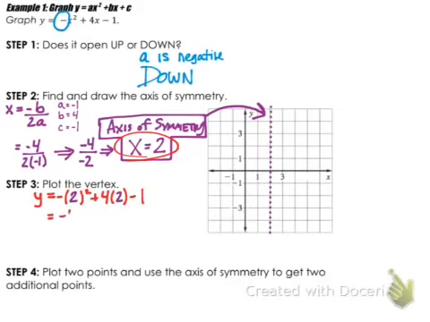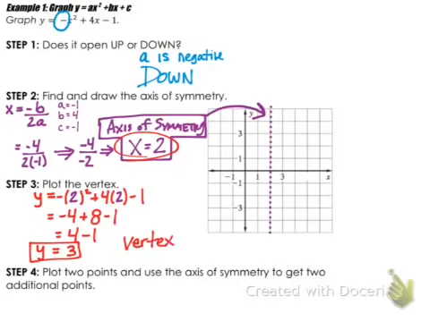Simplifying further, we get negative 4 plus 8 minus 1, 4 minus 1, y is equal to 3. So our vertex is at 2, 3. When we plot that, we're over 2 on the axis of symmetry. Now we're going up 3. 1, 2, 3. Boom, there's our vertex.